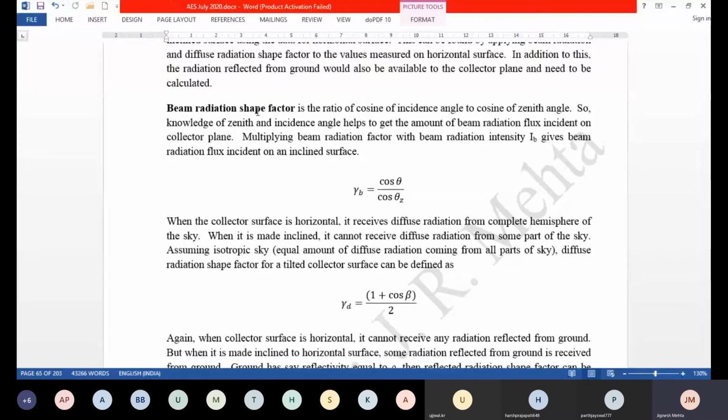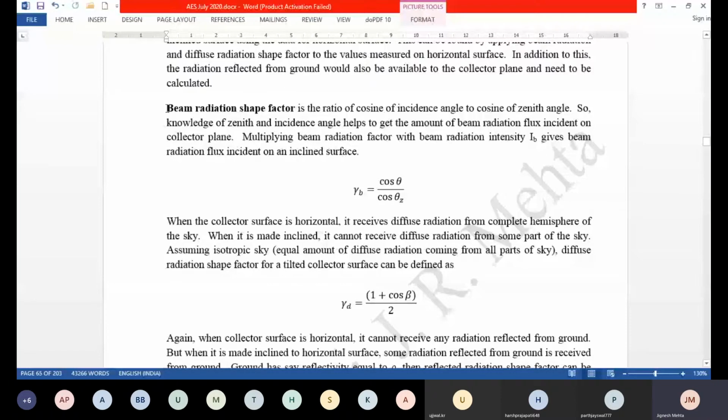There will be three parts of it: 1, beam radiation, 2, diffuse radiation, and 3, because it is inclined, there will be some reflected radiation also available on that plane. So the beam radiation value that would be available on the horizontal plane needs to be modified for the collector which is inclined at some angle to the horizontal plane.